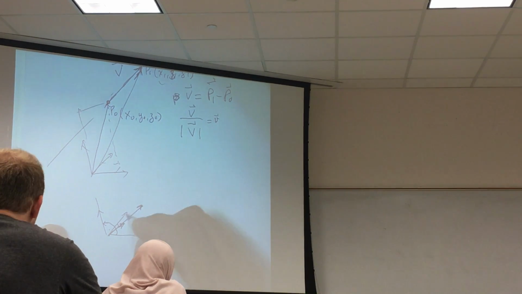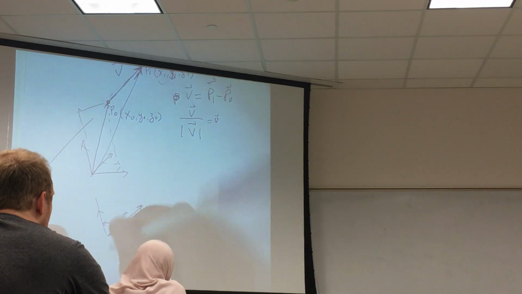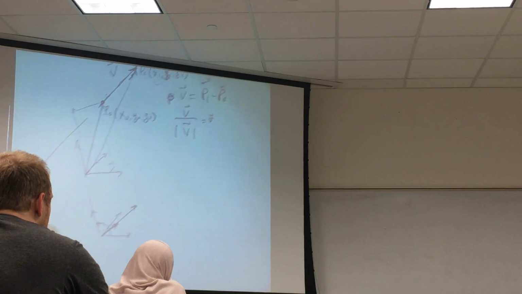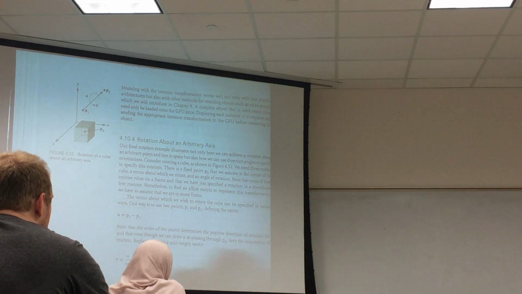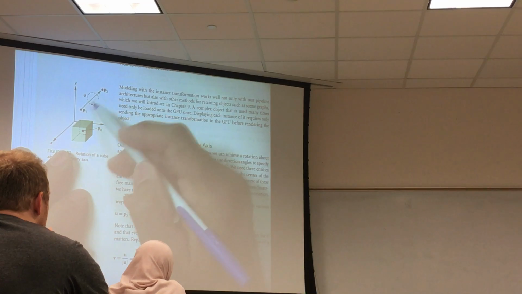So direction cosine tells you the orientation of this axis with respect to the major axis. That's one way. So you need to figure out P1, P2, and then the U.